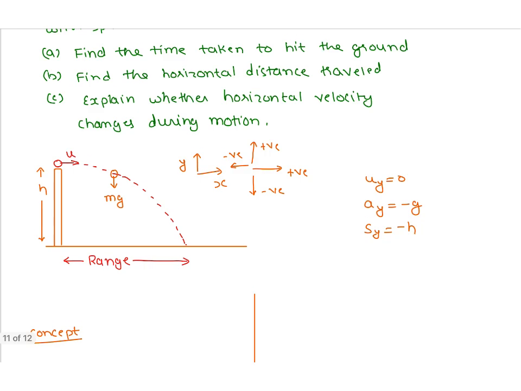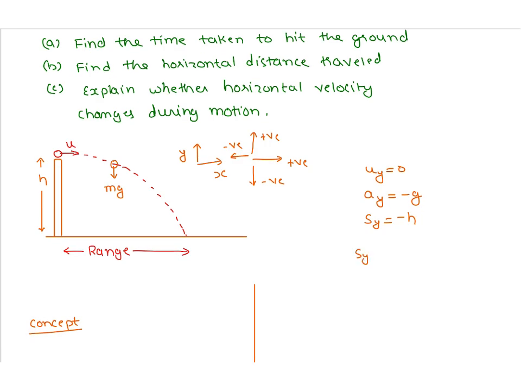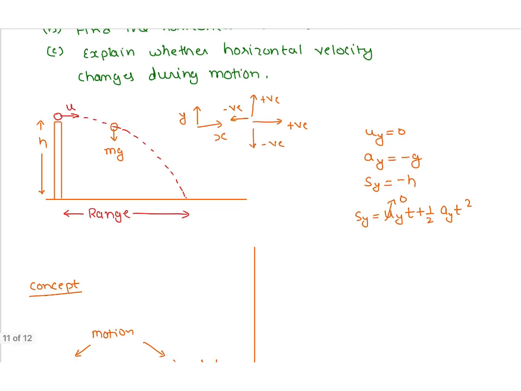Now let us apply this formula. Sy is equal to uy t plus half ay t square. Initial velocity in y direction is zero, and displacement in y direction is minus h. So minus h is equal to half into minus g into t square.